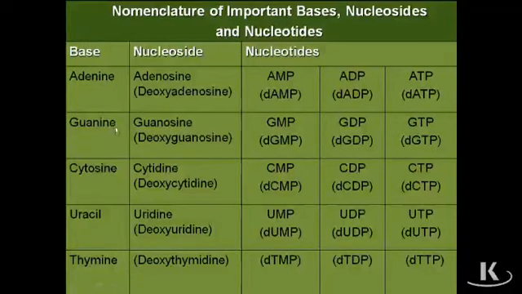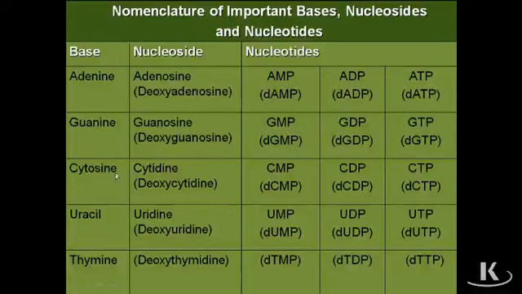When you attach a sugar to the base, guanine becomes guanosine. So for purine bases, you get this -osine ending. Anytime you see -osine at the end of one of these, they're not talking about the nitrogen base, they're talking about the nucleoside itself.